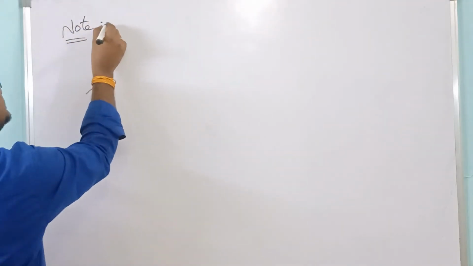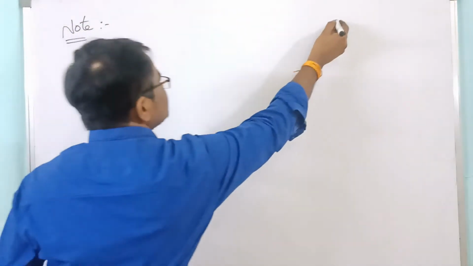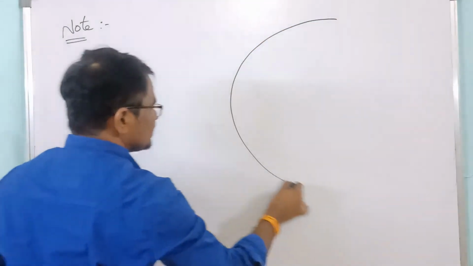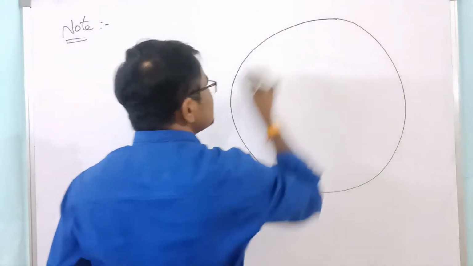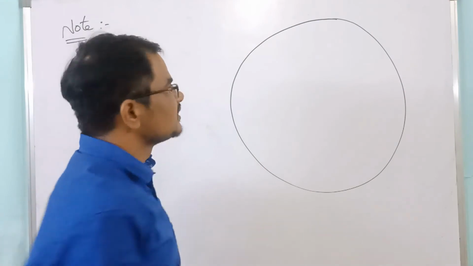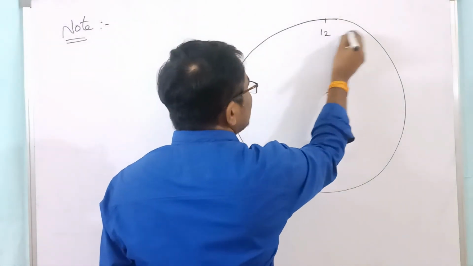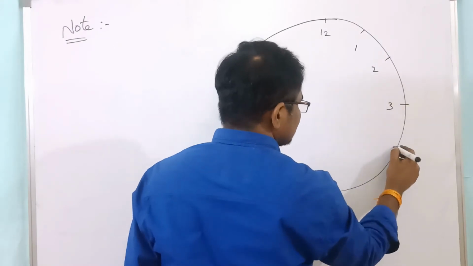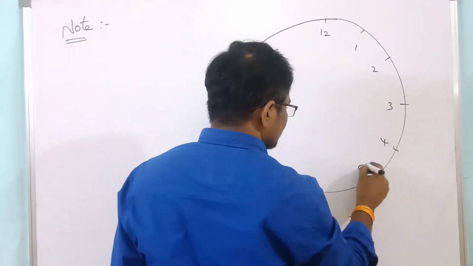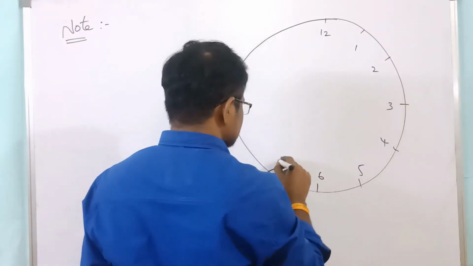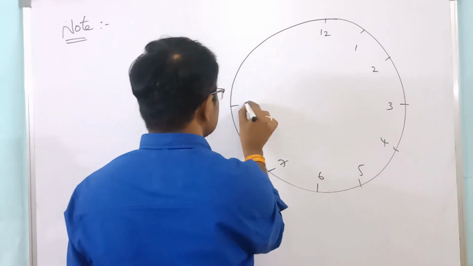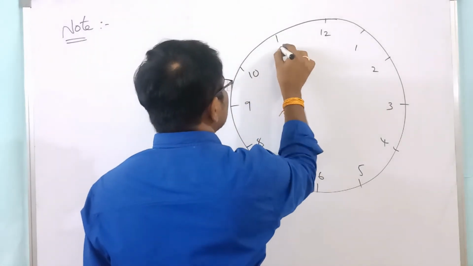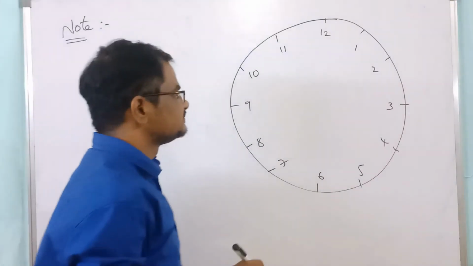Listen carefully. So problems on clock we are going to discuss. This is an important concept. So here 12, here 1, 2, 3, 4, 5, here 6, 7, 8, 9, 10 and 11.